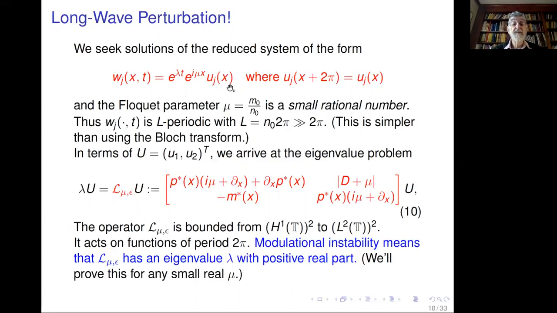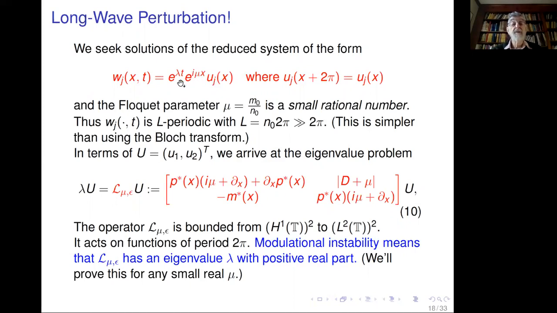We're going to write e to the i mu x, mu j of x, as a function of x. It's not 2 pi periodic, but slightly different from 2 pi periodic by putting that mu in there. It's a so-called long wave perturbation. Mu is small, in other words.